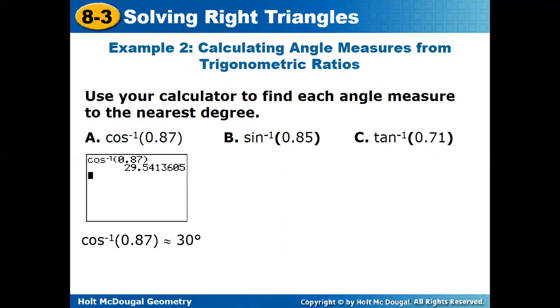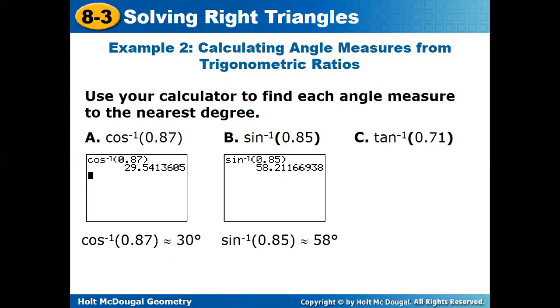It will be approximately 30 degrees. The second one, you will press shift, then sine, and write the number 0.85. It will be 58 degrees approximately.